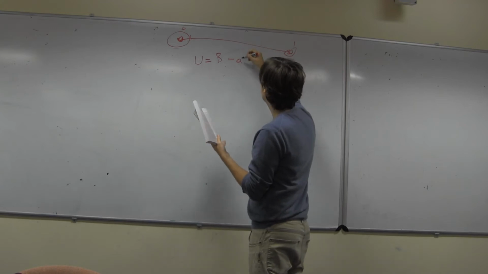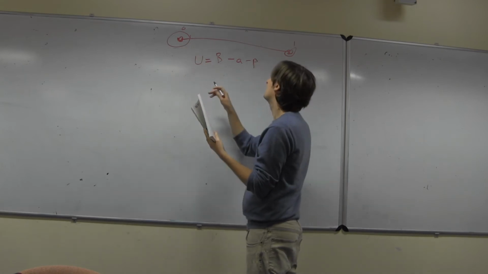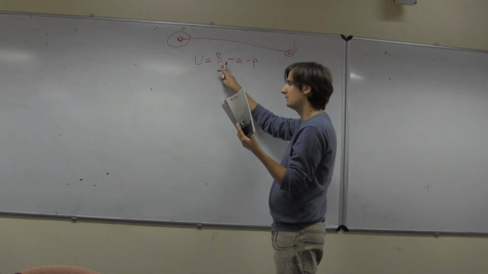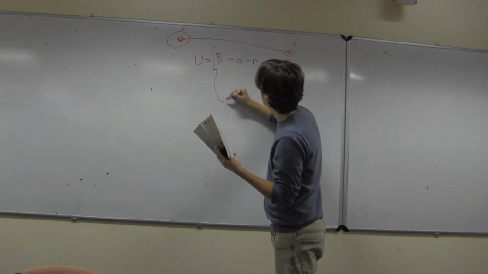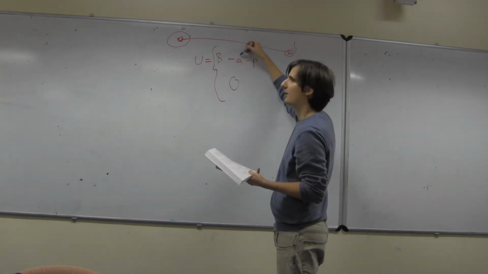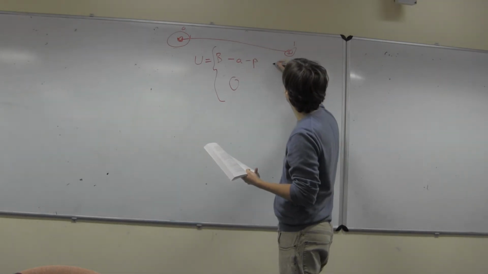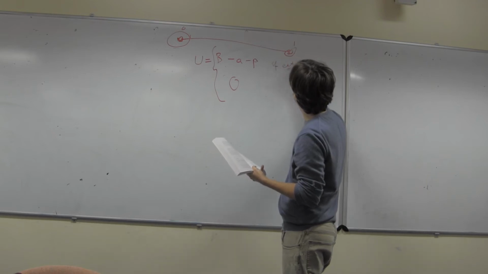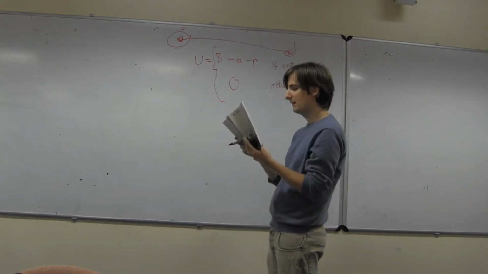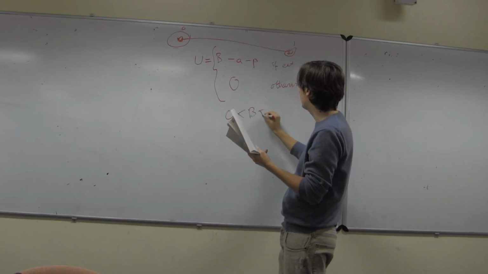Thinking about a consumer located at the point A, and this restaurant is charging a price P. They get some value from consuming the good. So they've got a choice: they can either consume the good and get the value B minus their cost of walking minus the price they pay, or they can consume nothing at all. And we're told that 0 is less than B is less than 1.